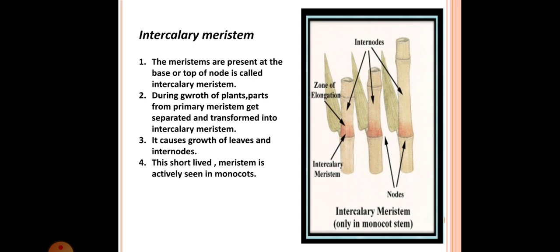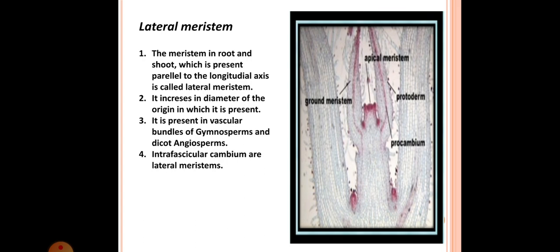Okay, the next one is the lateral meristem. Lateral meristem: the meristem in root and shoot which is present parallel to the longitudinal axis is called lateral meristem. So first apical meristem, next intercalary, and then lateral meristem. Lateral meristem is present parallel to the longitudinal axis, and it increases the diameter of the organ in which it is present.